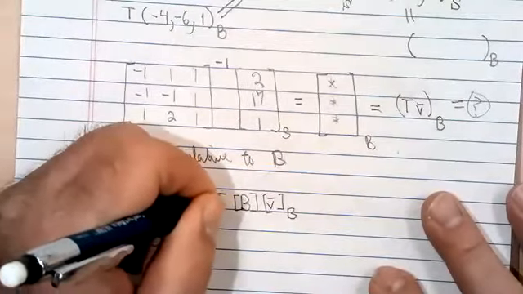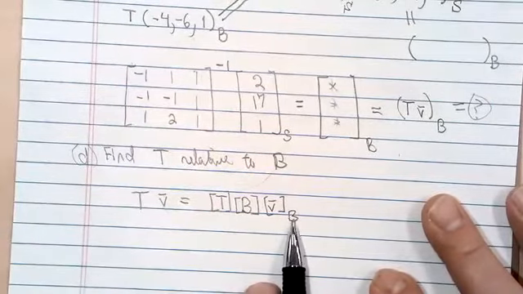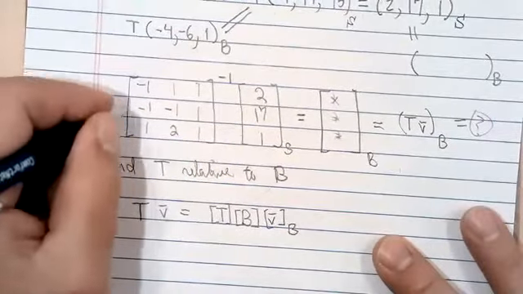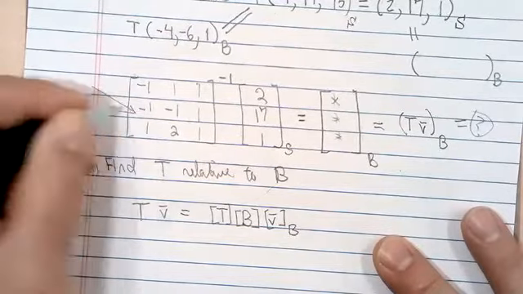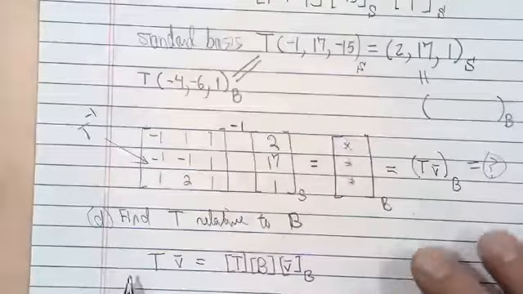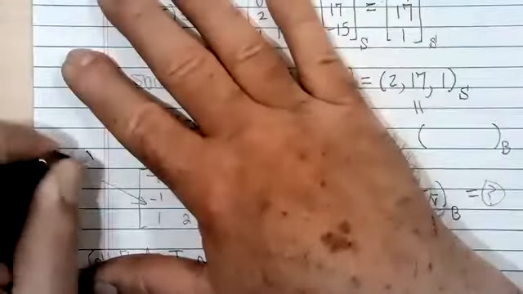Then we multiplied on the left by the T matrix, because that's what did our transformation. And then this matrix right here, that's not T inverse, that's B inverse.